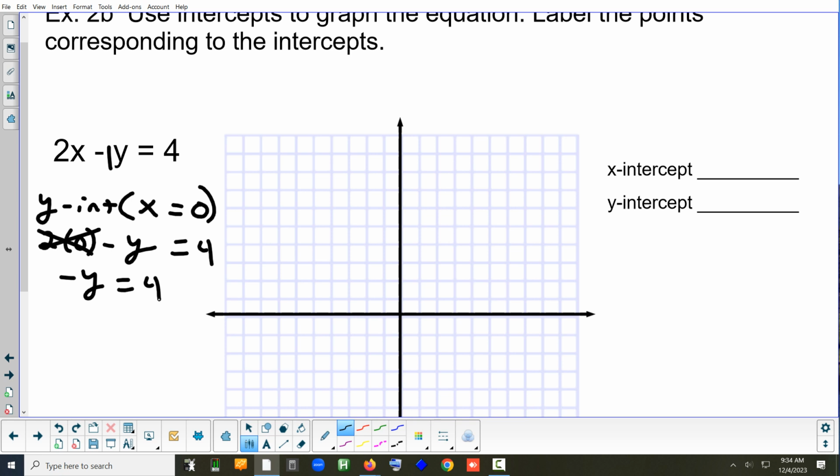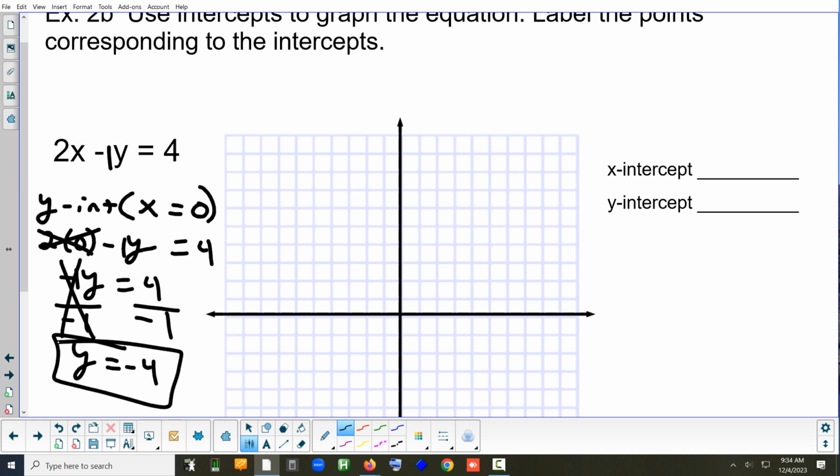And again, you can put that 1 in front if it helps. How am I going to get rid of that -1 in front of the y? Exactly, I'm going to divide by -1. -1 divided by -1 cancels out. And what's 4 divided by -1? -4.